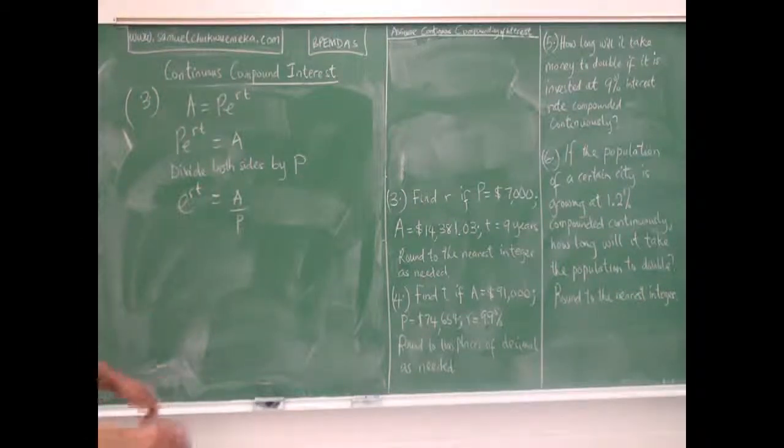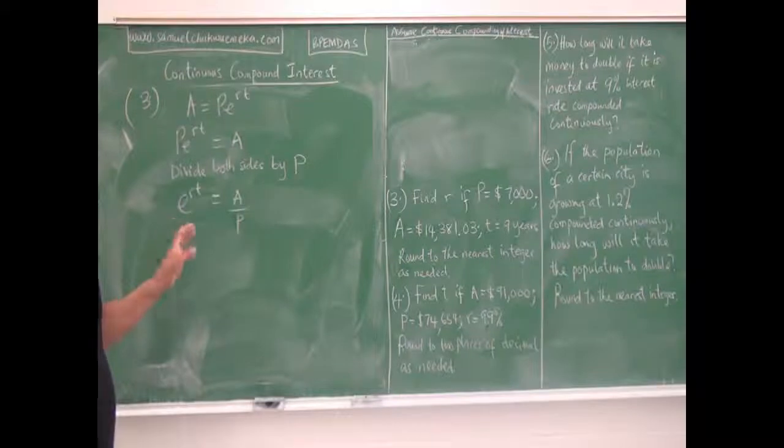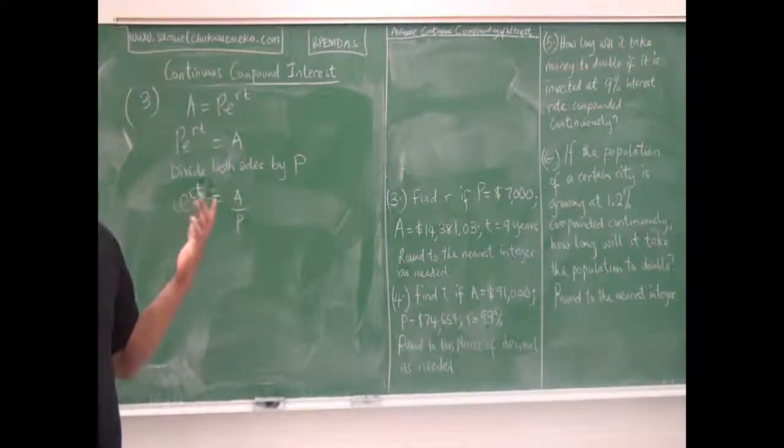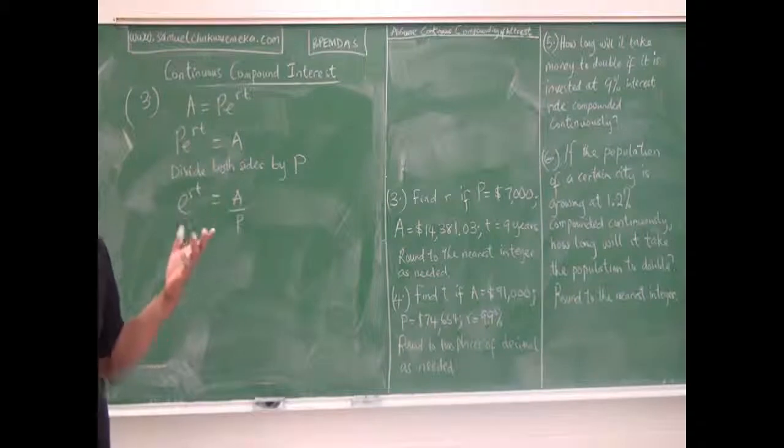It's important. So now, we've got to release this guy. He is holding it, right? So here we just have to take the natural logarithm of both sides. That's the ln of both sides.